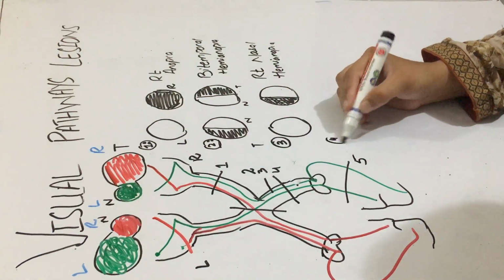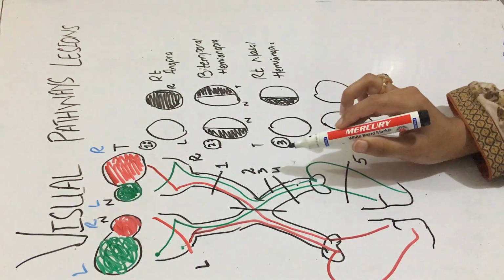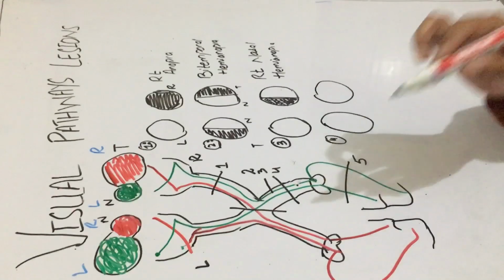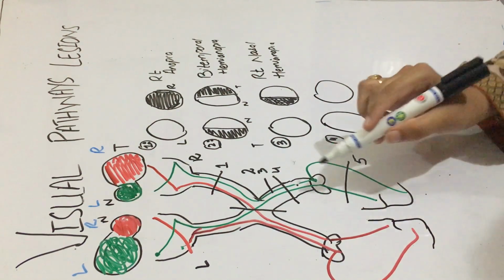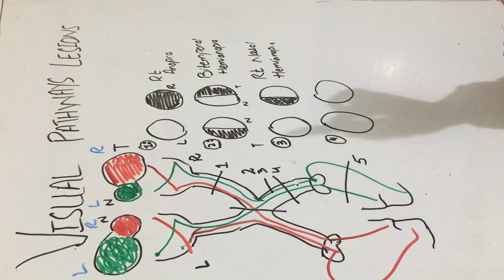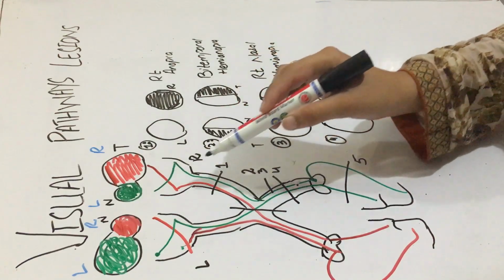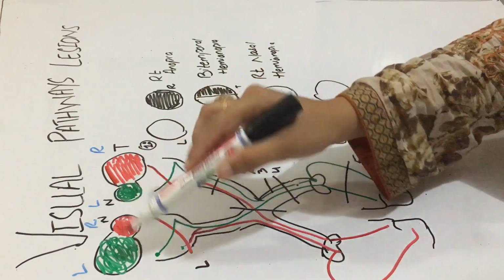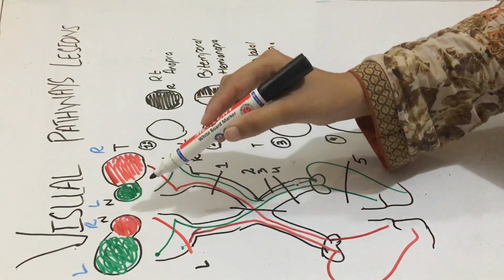Now next is number 4: if the whole optic tract is damaged or cut for any reason, there could be syphilitic meningitis or tuberculous meningitis. In these kinds of meningitis, mainly the optic tract is affected. So what will occur? You know that these fibers are carrying the left visual fields.